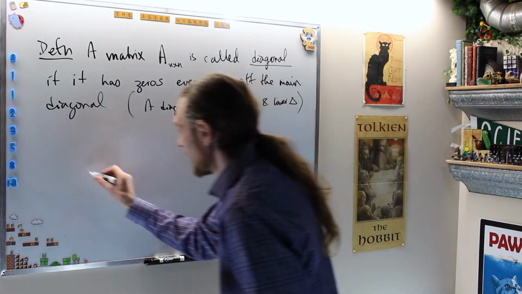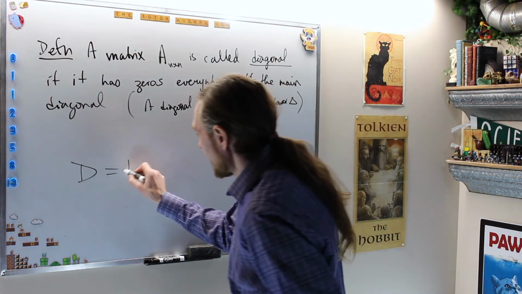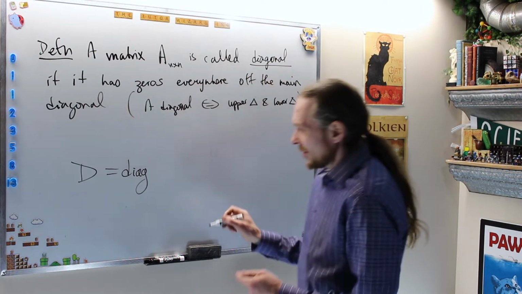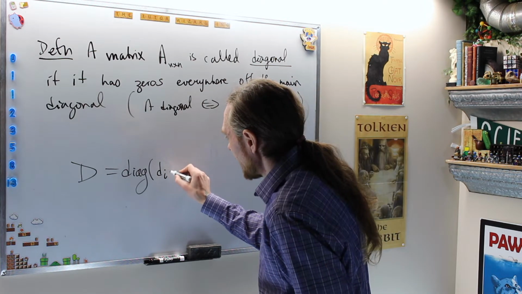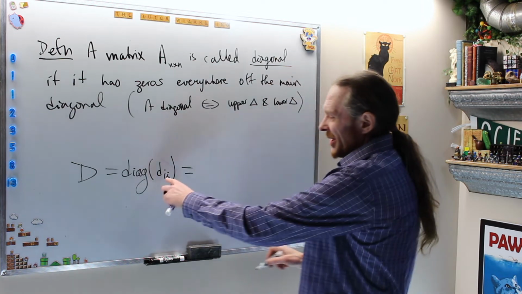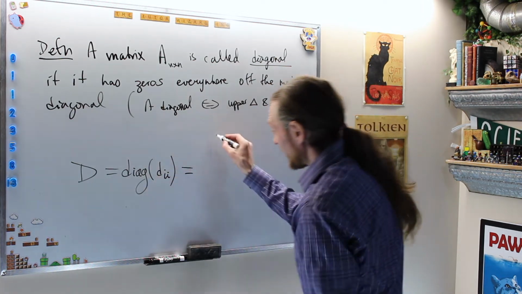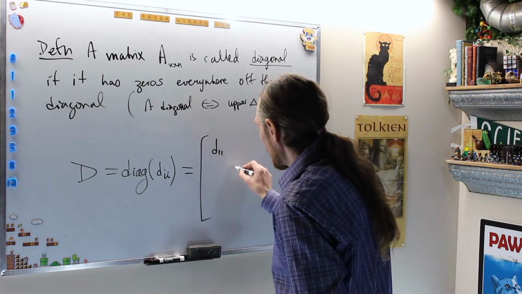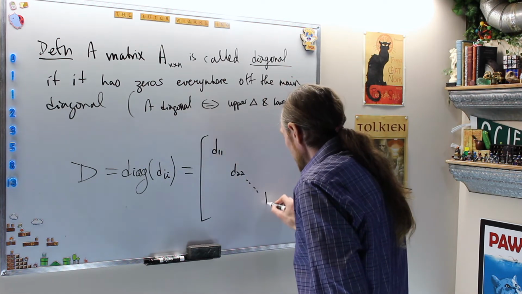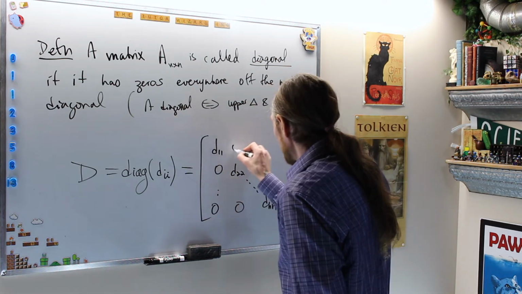So what is that going to look like? D diagonal. Some books will use the terminology diag, Dii. And what that means is, because we know we have zeros everywhere except on the diagonal where the indices are the same, we would have this D11, D22, to DNN, and then zeros everywhere else.